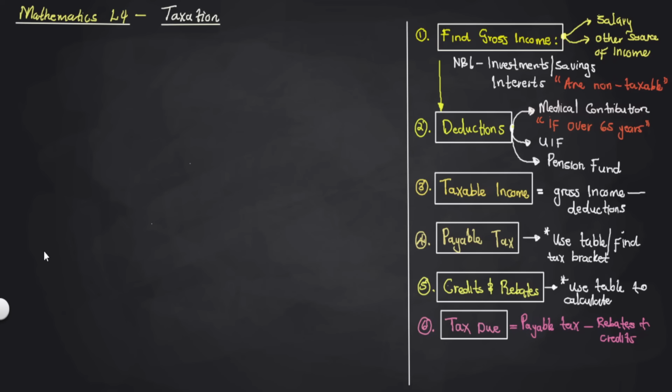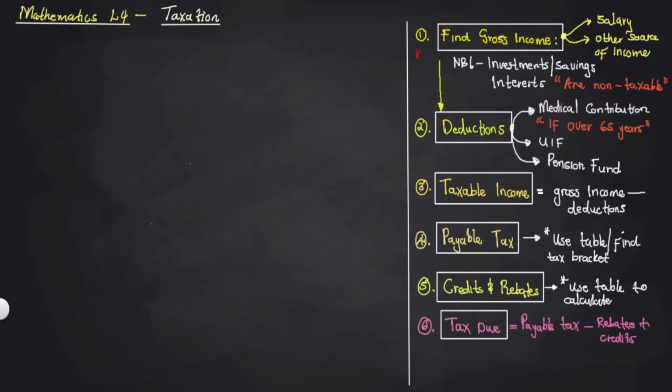Okay, but you'll see in other questions the steps are actually broken down into questions. Maybe in a particular question they might say calculate gross income. Next question, calculate rebate, deductions. Then in another question, skip number 3, but calculate payable tax, right?